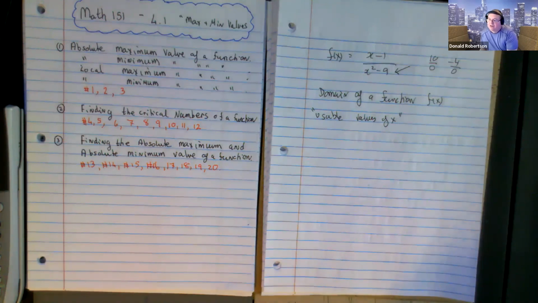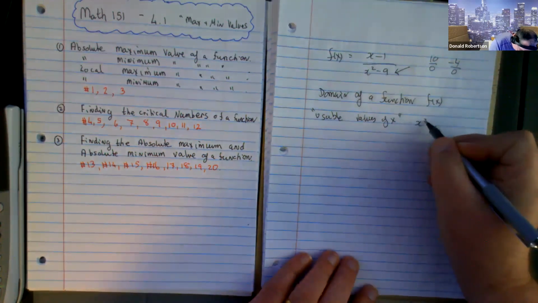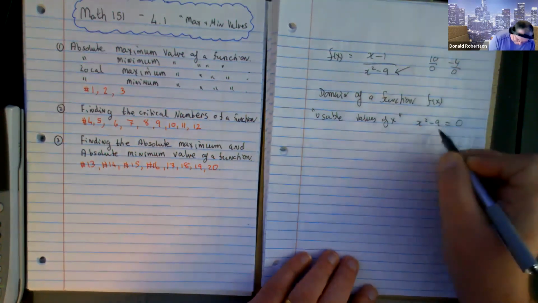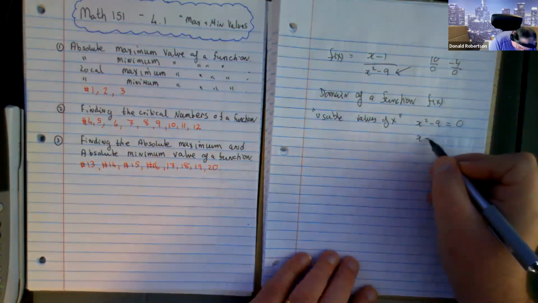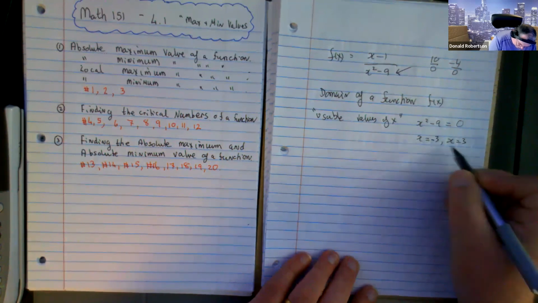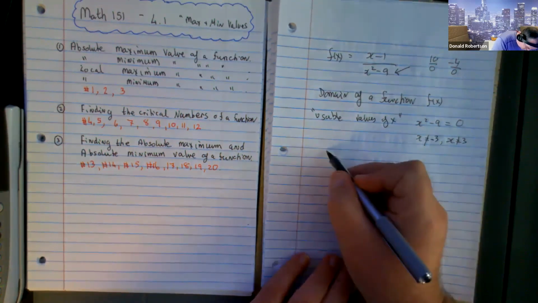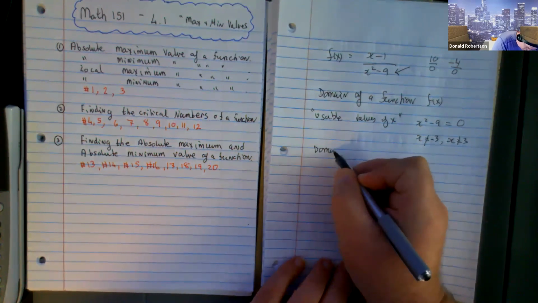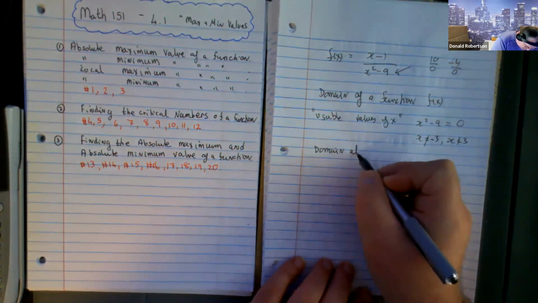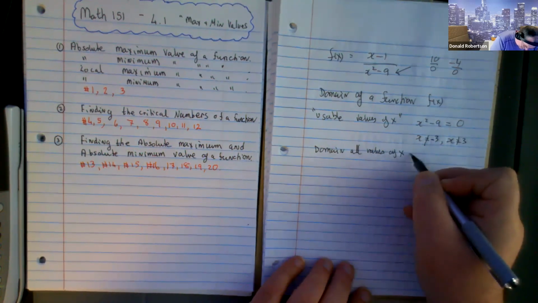You can't get a number, and a number is the answer. So in this case, we don't want that to be 0, and that makes x equals -3 and x equals 3. Values of x you cannot use. So you would say that the domain is all values of x except for those two.